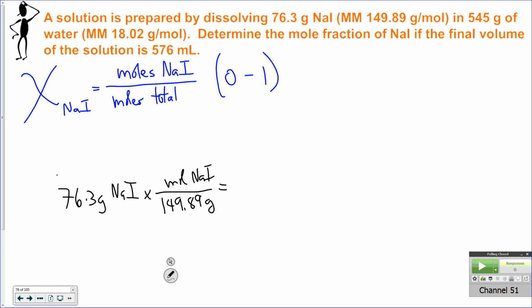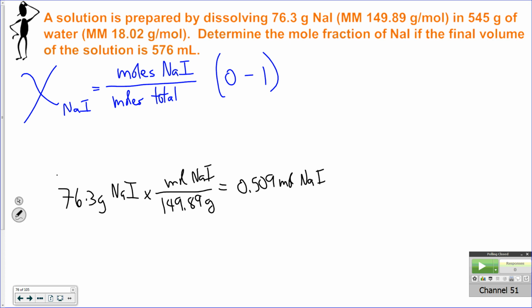So that's a little bit less than a half, pretty close to half a mole, a little bit more. So we've got 0.509 moles of the solute.